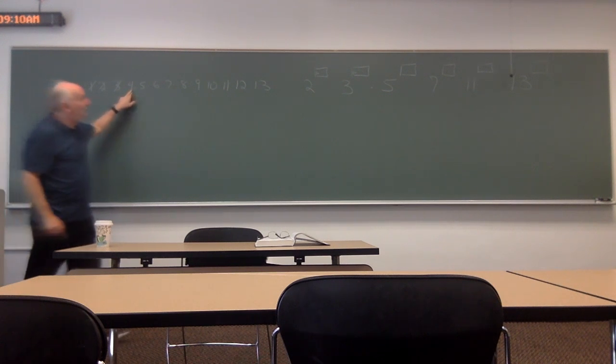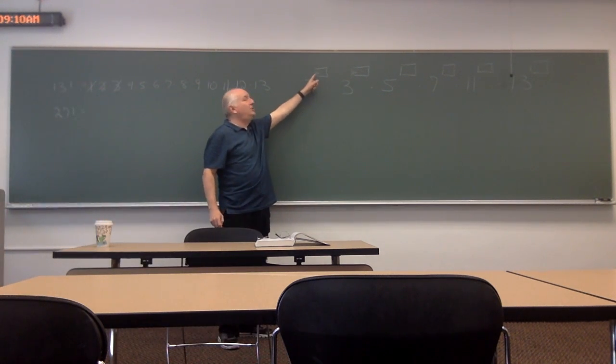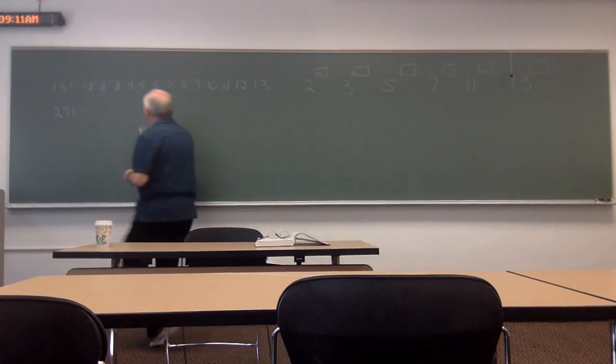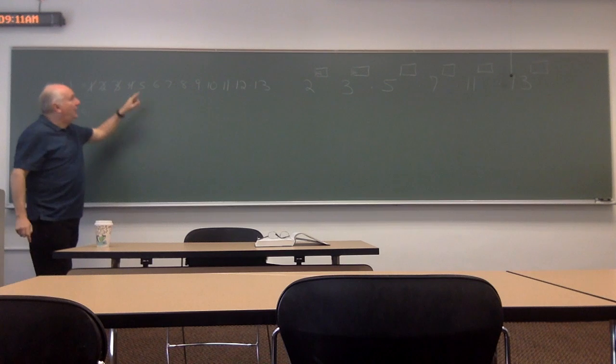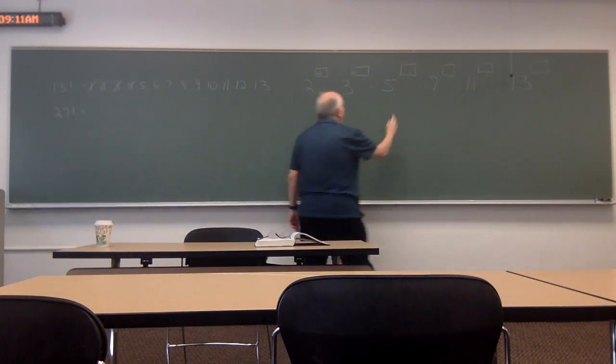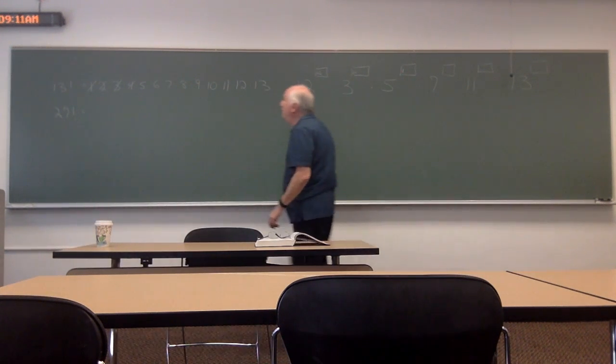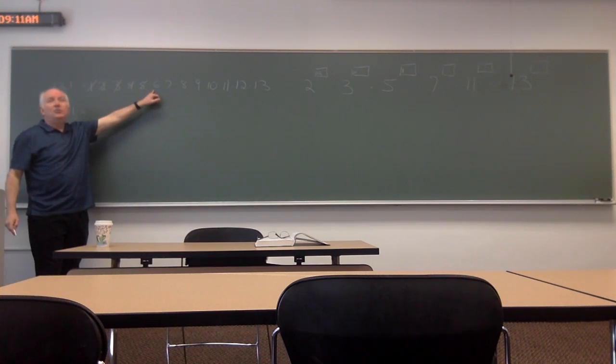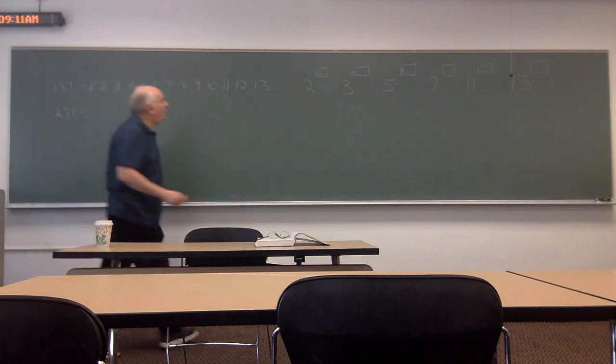So 4 contributes 2 copies of 2, so 4 contributes an extra 2 to this exponent. 5 to the first power gives me a 1 over there. 6 is 2 times 3. So 6 gives me an extra copy of 2 and an extra copy of 3.